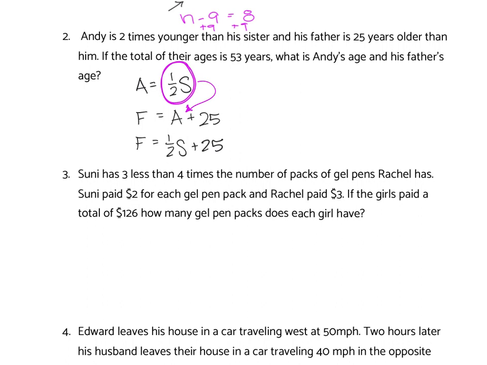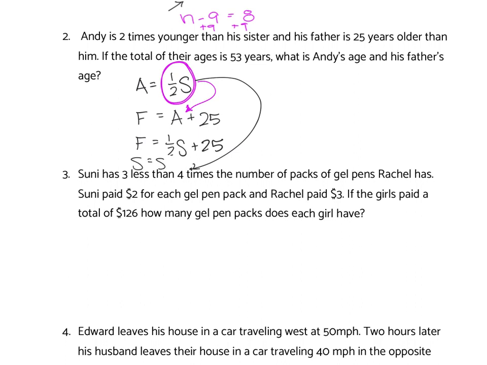And then his sister's age: if he's 2 times younger, then that means she's 2 times older. So she's 2 of Andy, or if I plugged in a half S, that would be 2 times 1/2 S, which is just S. So all of our expressions are in terms of the sister.